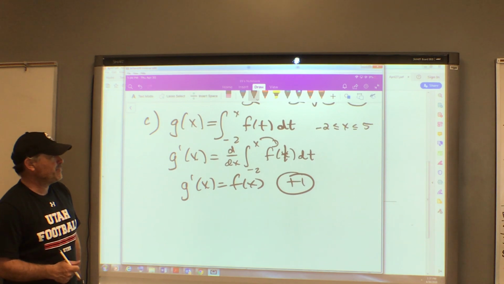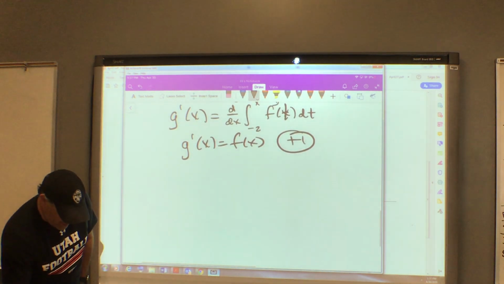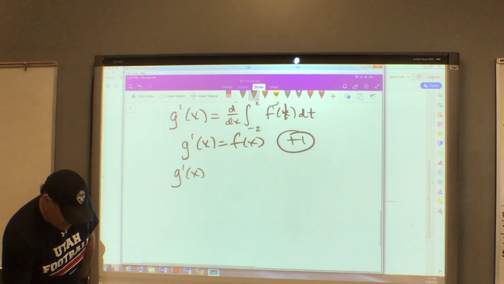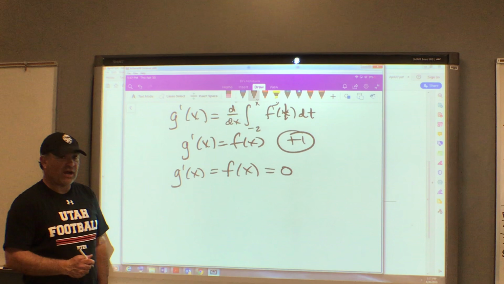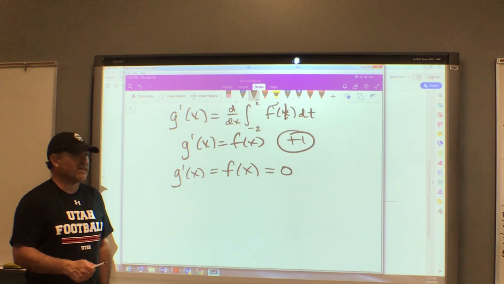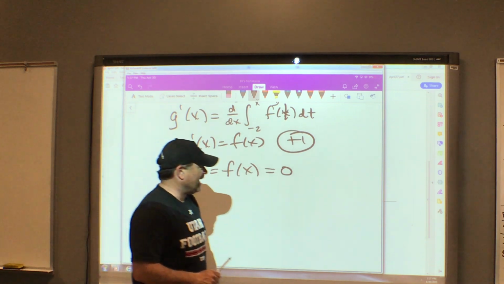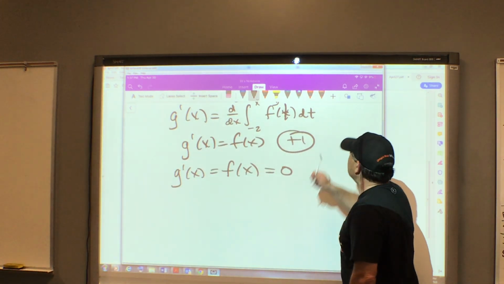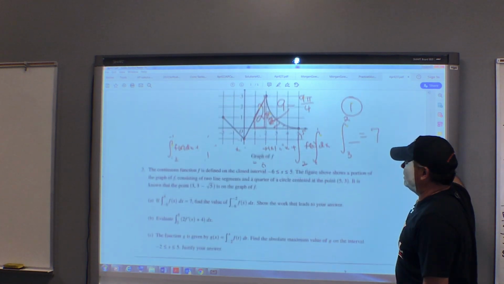Now, you have to say, well, absolute mins or maxes could potentially happen where g prime of x, which is equal to f of x, is 0. So we need to go back to the graph and decide where is the f of x function equal to 0.